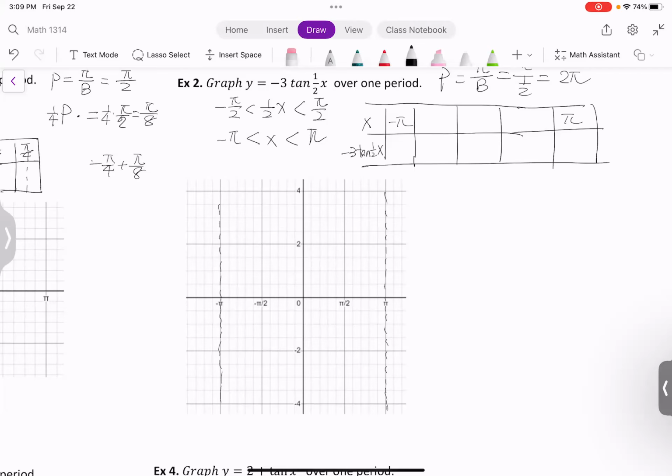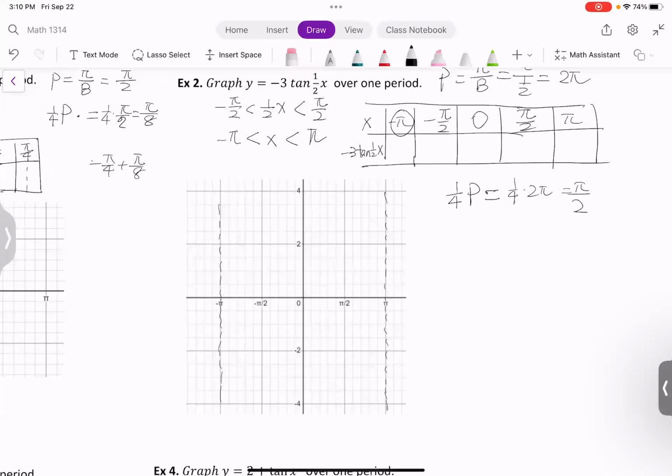We need to find what is 1/4 of the period. 1/4 times 2 pi is 1/2 pi. Based on negative pi, we add 1/2 pi. So we have negative 1/2 pi, add 1/2 pi, 0, add 1/2 pi is 1/2 pi.